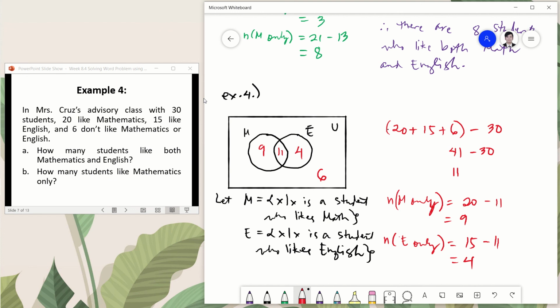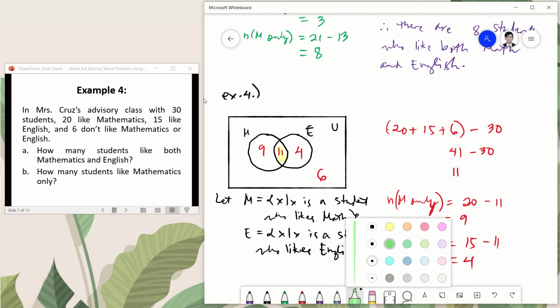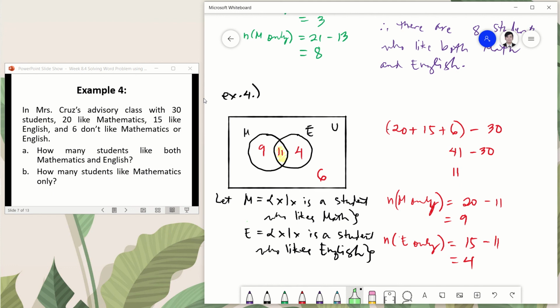That's 11, so it's here. And how many students like mathematics only? This is 9. If there is a question about how many students like English only, that would be 4 students.